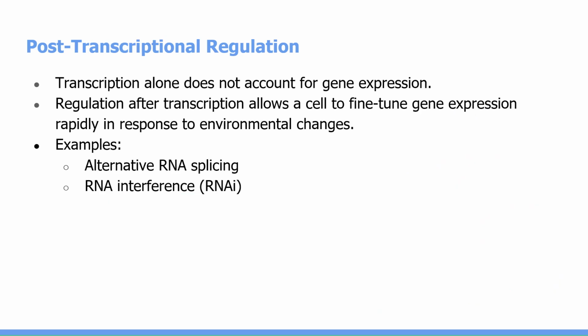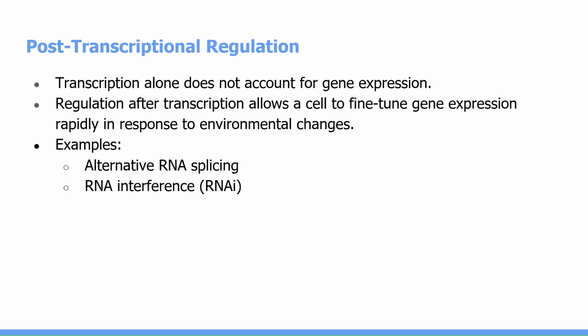What we talked about with activators and repressors deals with the regulation of these genes at the transcription level. Now, there's post-transcriptional regulation, and this involves alternative RNA splicing and RNA interference.